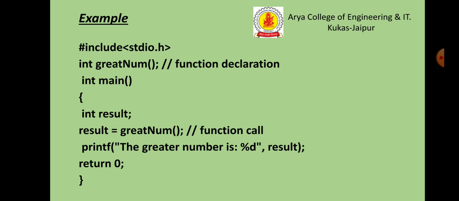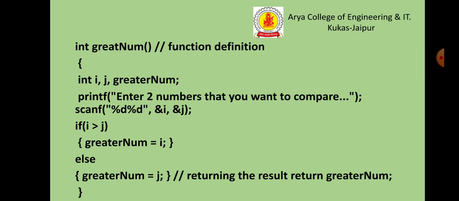When the compiler executes this statement, result is equal to greatNum, the control moves to where the function definition is written. Here we calculate the greatest of the two numbers and return the value to the result variable in the main function.